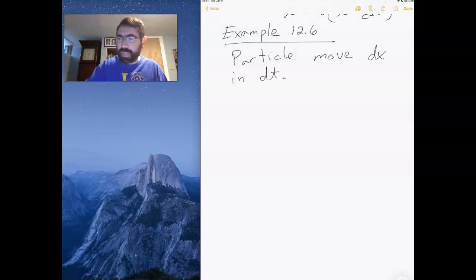Therefore, the particle's velocity is dx/dt.